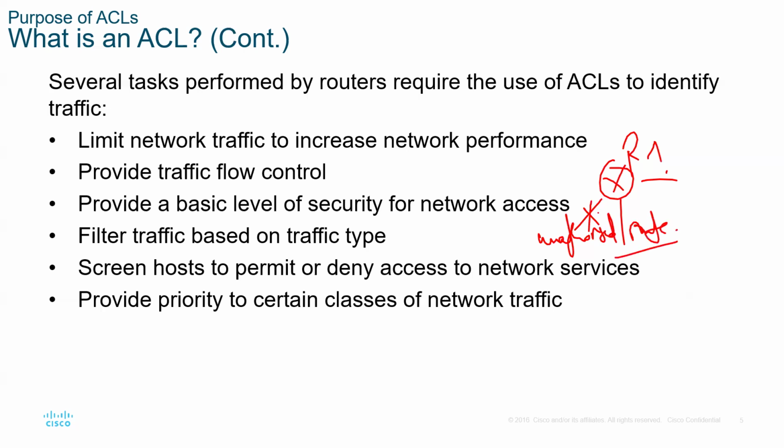You could use an ACL to block any route which is being advertised from this interface because probably you don't trust it. Therefore, in your routing table, you won't have any information from unauthorized routers or routes you don't trust.